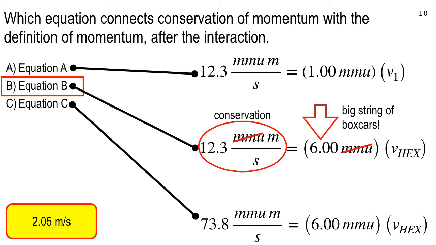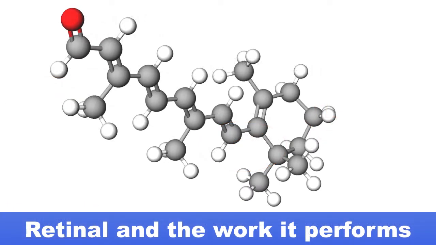Now, I want to go from that homework review, and we're going to start talking about retinal and other molecules. Retinal is a part of the rhodopsin molecule, which is in the retina of your eye. It's called retinal because it's a part of the retina. This is the molecule that triggers your optic nerve.